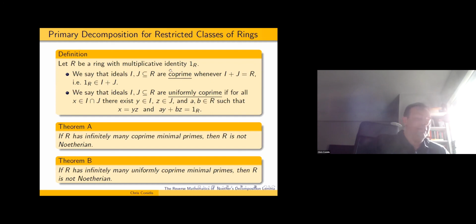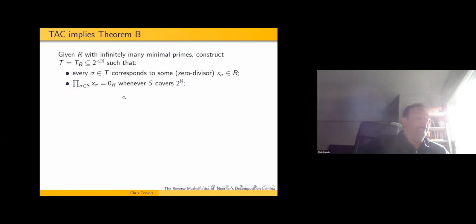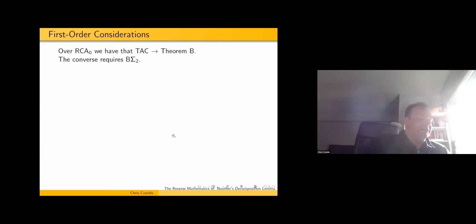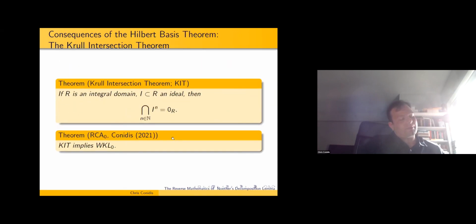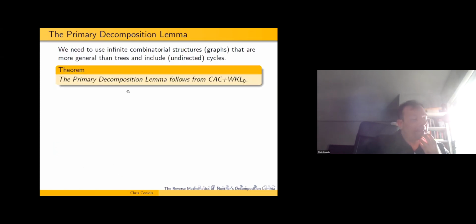So these coprime conditions basically let me use trees in all of these proofs. And those trees are good for modeling coprime ideals. But if you start to talk about ideals that are not necessarily coprime, then I have less to say about that.